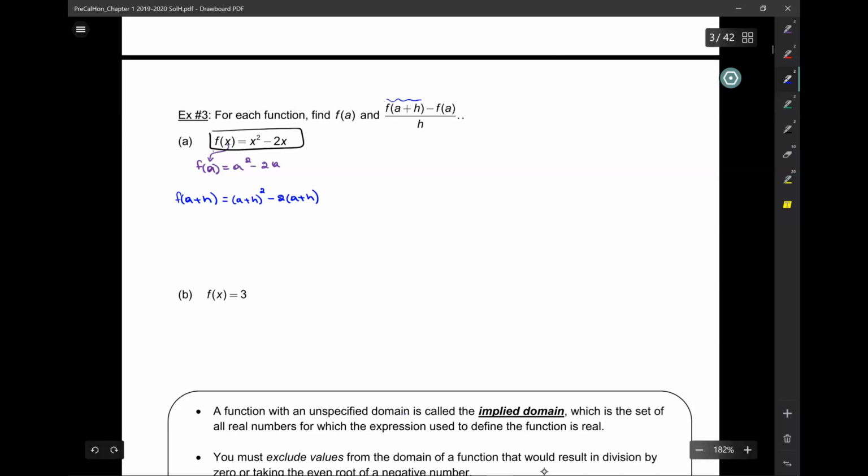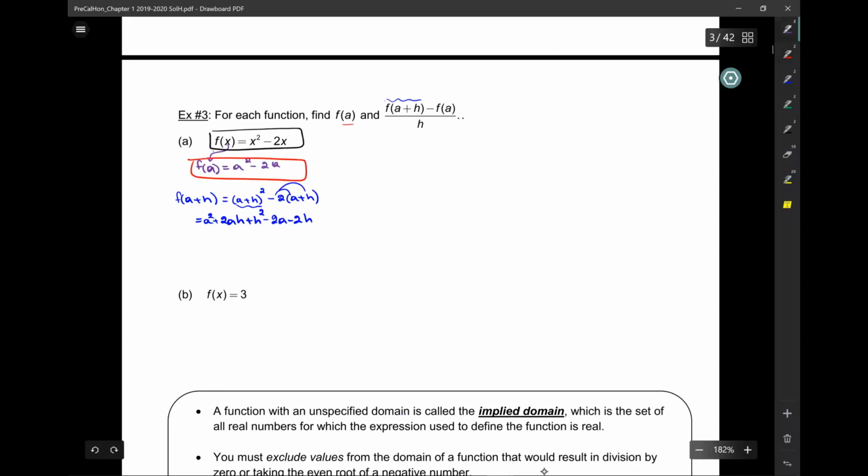So, this is a squared. Okay, I'm going to multiply the a plus h squared. A squared plus 2ah plus h squared minus 2a minus 2h. Now, what I'm looking for is, first, I needed f of a, which I already found. It's right there.